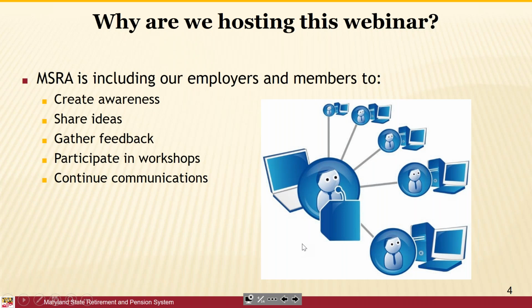We're going to have workshops, so we're hoping that as many employers as we can participate, so that we take into consideration your ideas along with our ideas, so we can come up with the best process to improve what we're doing for our members and retirees. And again, we want to continue our communication channels and hopefully improve those communication channels.